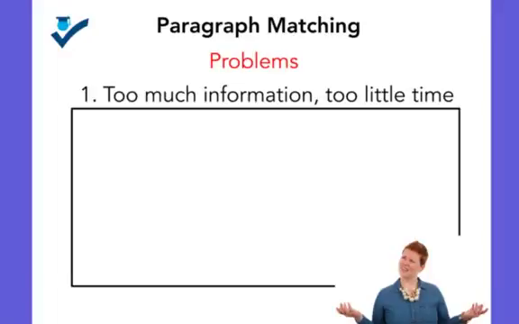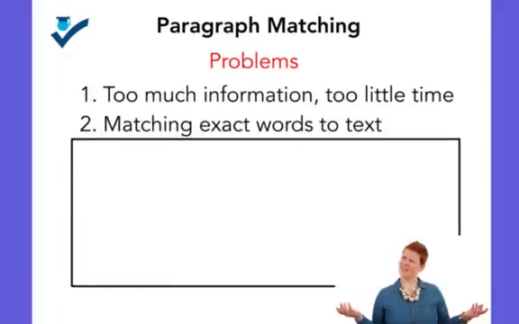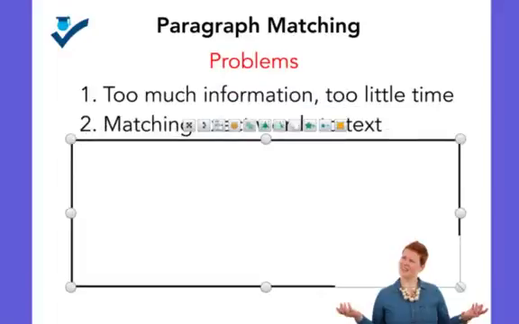Another common problem with this type of task is trying to match exact words to the text, which is a big mistake, because what you're meant to do is to identify keywords from the text that have more or less the same meanings as the words in the question or in the task.